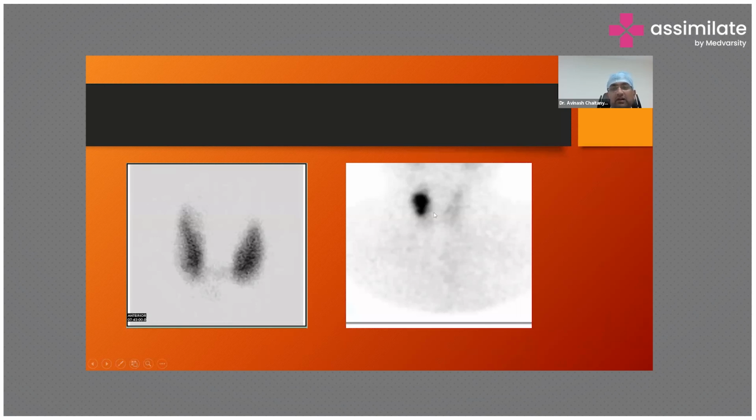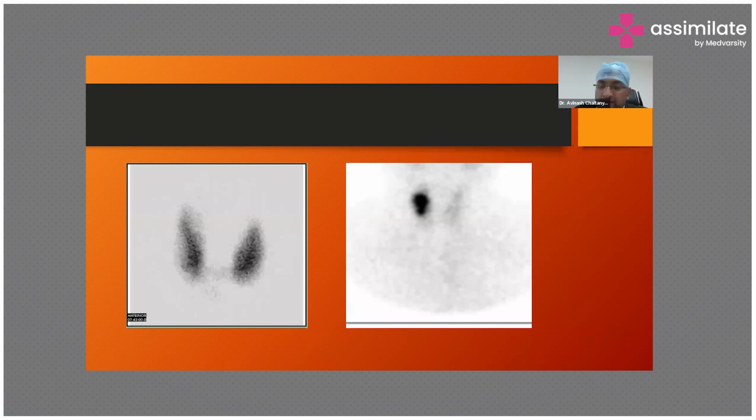If it is a focal uptake of the radioactive iodine, then it will show that removal of that nodule is sufficient for treatment. So surgical treatment would be preferred in case there is a focal uptake, right?